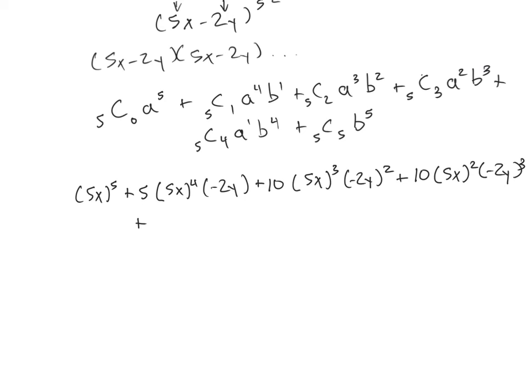plus, then the next one is 5 times 5x times negative 2y to the fourth power, and then finally once again 1. So then we have negative 2y to the fifth power.